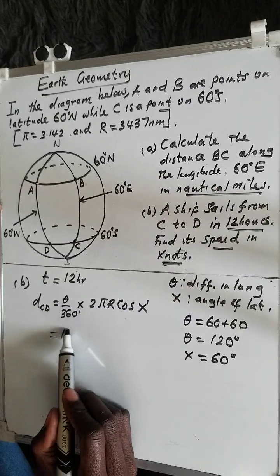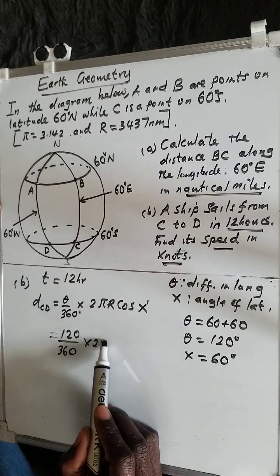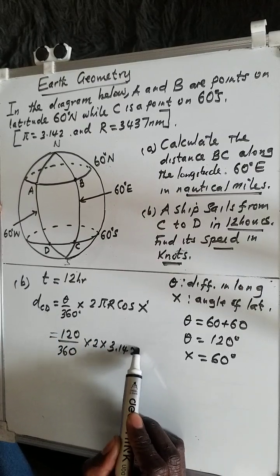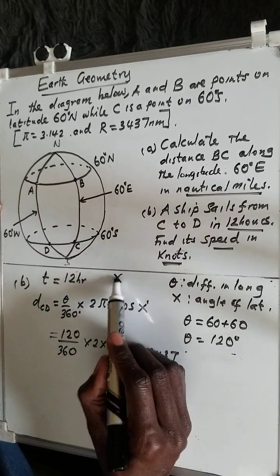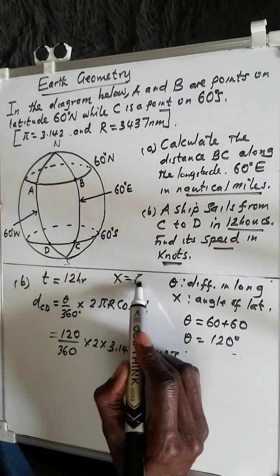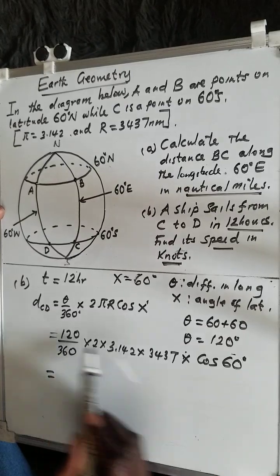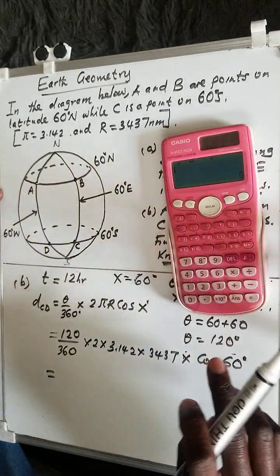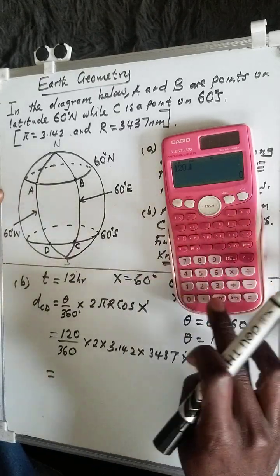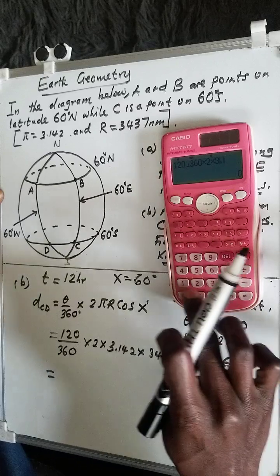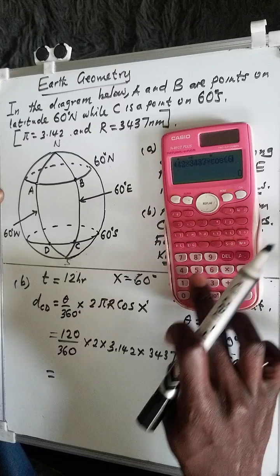So we substitute. It will be 120 over 360 multiplied by 2 times 3.142 multiplied by 37, the radius. I'll put it on top there. Then multiplied by cos of x, which is 60 degrees. So please, you can work out this mathematical problem: 120 over 360 multiplied by 2 times 3.142 times 37 multiplied by cos 60.